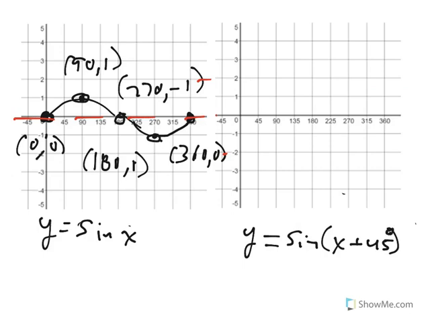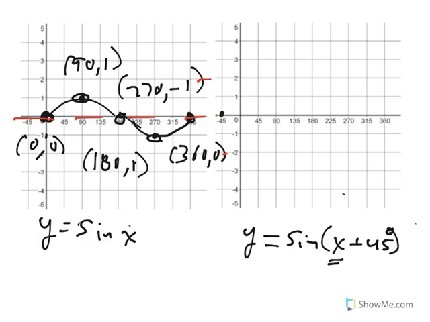Now, if I have the 45 being added to the x, this can be a little bit confusing. The idea is, if I put 0 in for x, 45 gets added to it, so what I graph is actually sine 45. If I put negative 45 in for x, negative 45 plus 45 is 0.